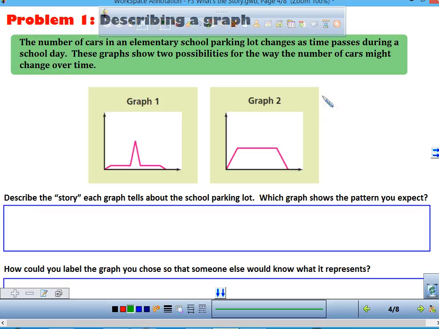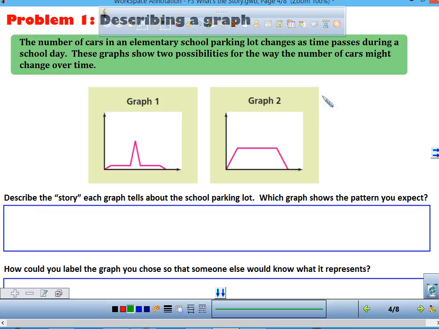So what this is saying is that this graph represents one school day at an elementary school, the number of cars in a parking lot. This graph also represents the number of cars in the parking lot in one day at an elementary school. What I want you to do is discuss what each graph might be showing.